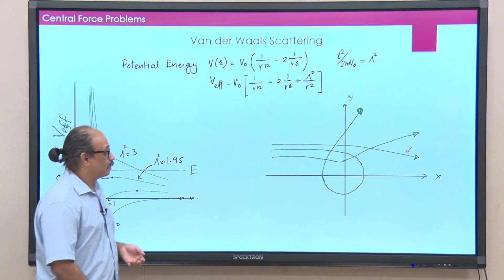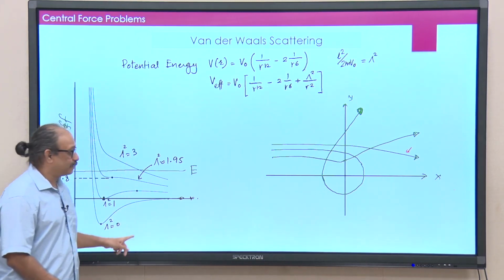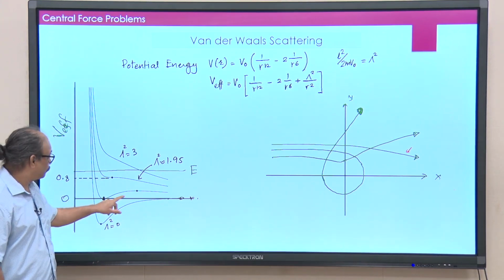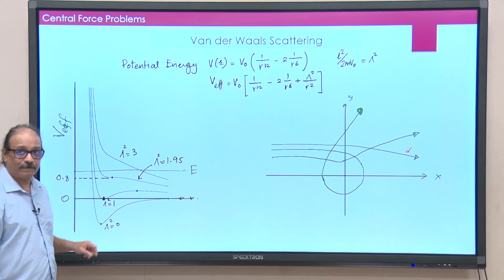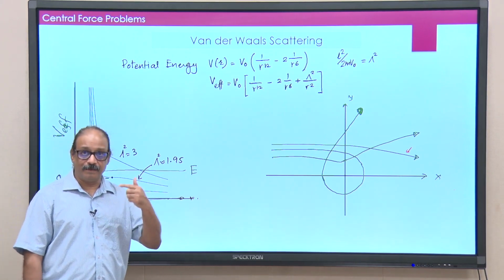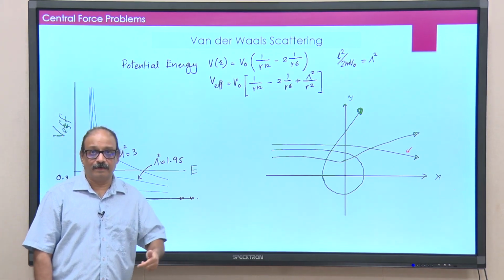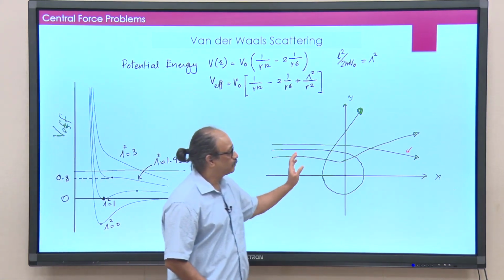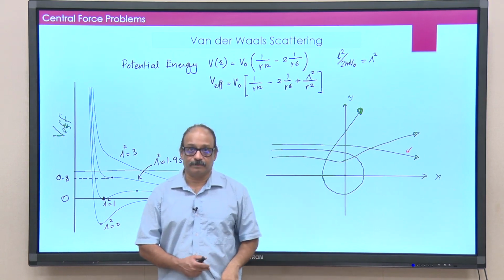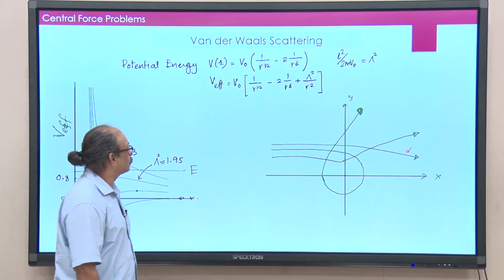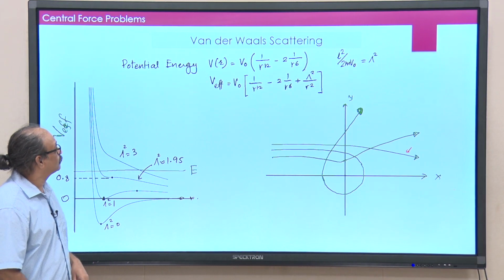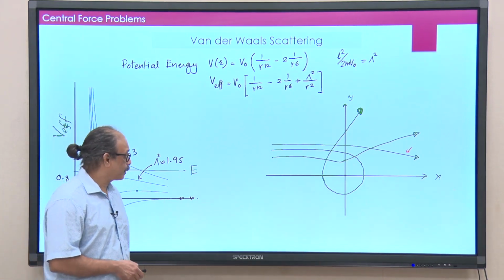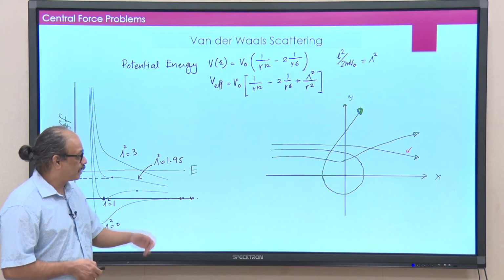In all these trajectories, except the one where there is a maximum here, where the particle gets trapped into spiraling in a kind of orbit, everywhere else there is a scattering, which means the particle eventually will go out to infinity. So, these are the kind of trajectories which we are likely to get in van der Waals scattering. And how would this scattering angle look?